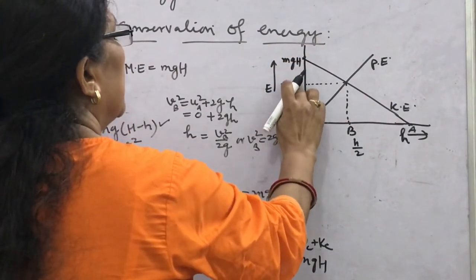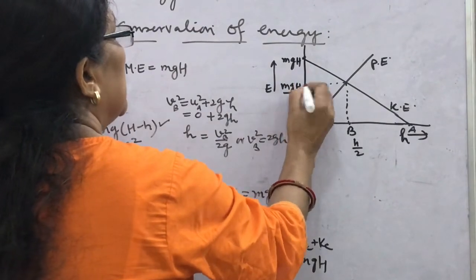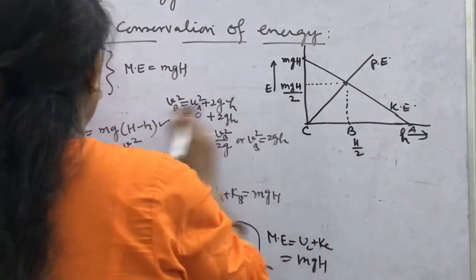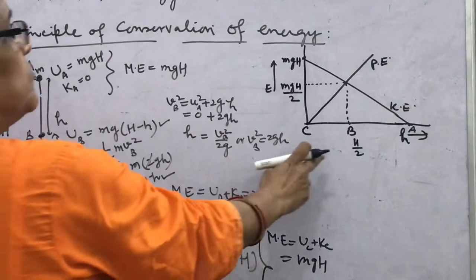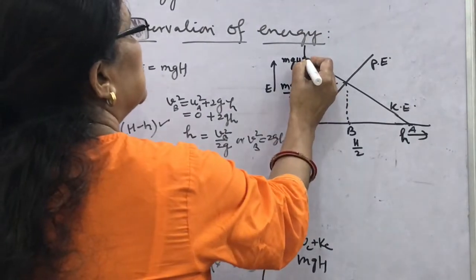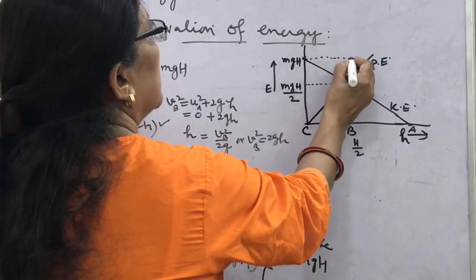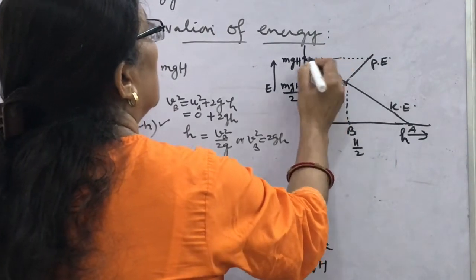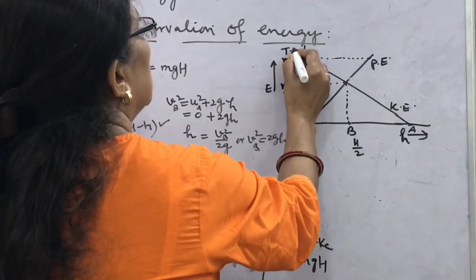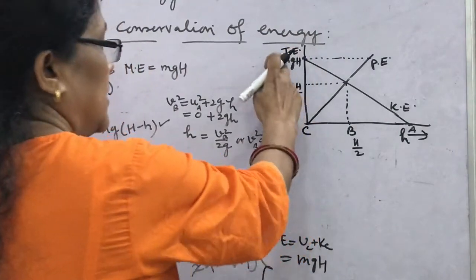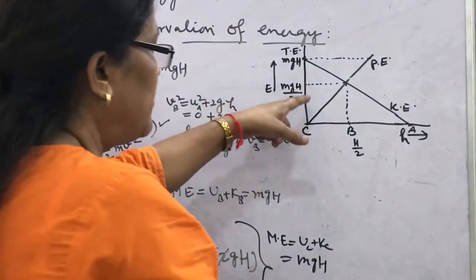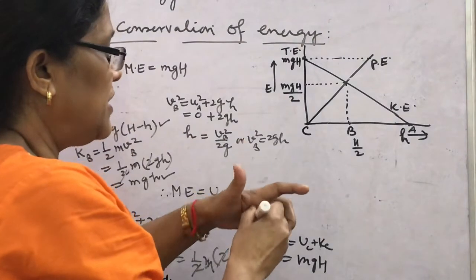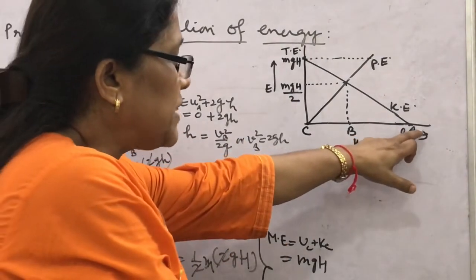I have taken this h here, and this capital H I have shown here. This is the total energy. So this total energy or mechanical energy, you can write, is the sum of kinetic energy and potential energy. This is A, maximum height position.